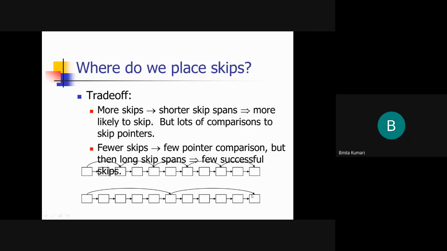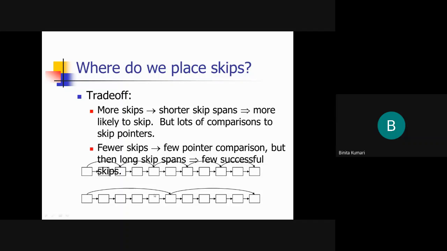Okay, and here you will be getting few successful results. They will be jumping such a long distance, and if you find this is greater, then again somehow you will have to traverse back and check.